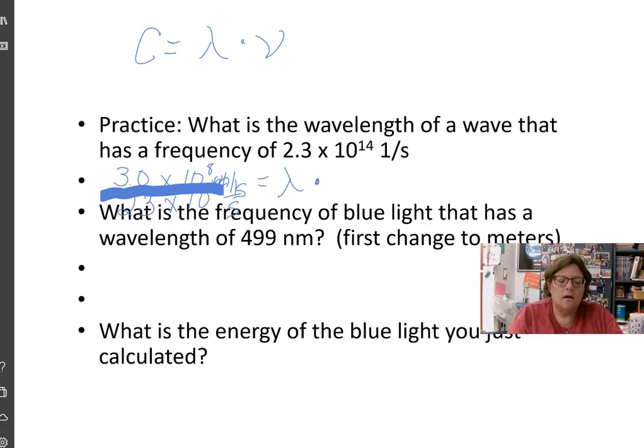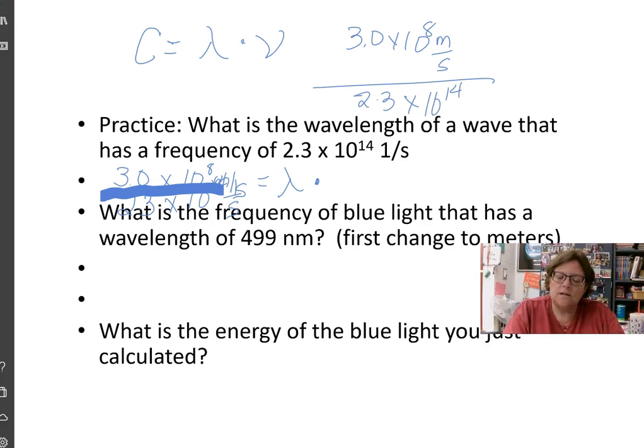If we take 3 times 10 to the 8th meters per second, and we divide it by 2.3 times 10 to the 14th, 1/seconds, our seconds will cancel. That will give us meters, which is our unit of measurement for wavelength.